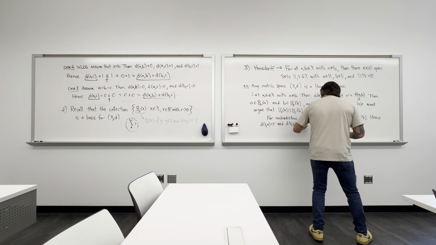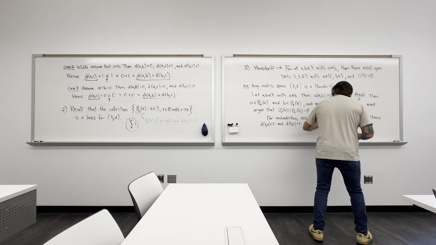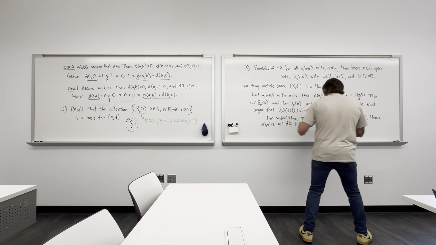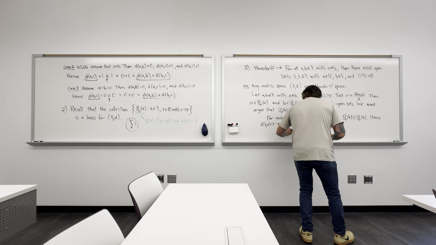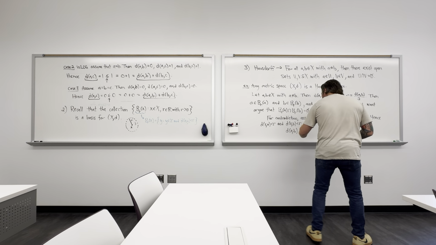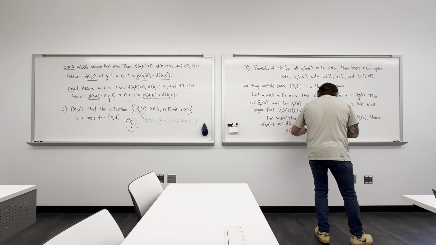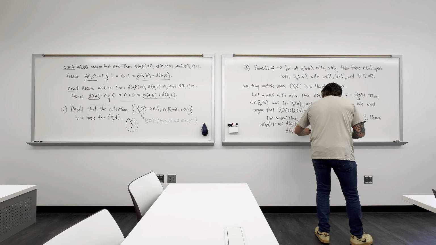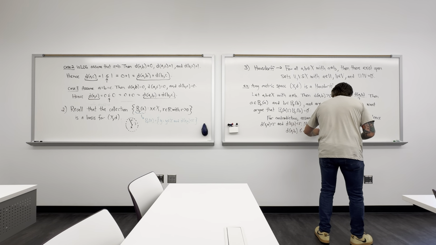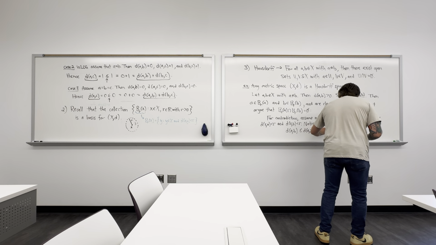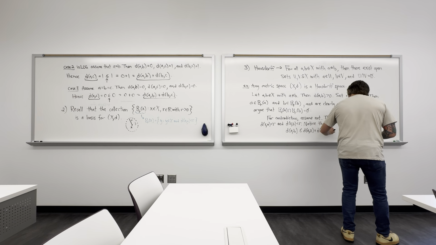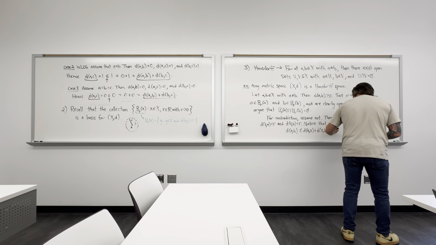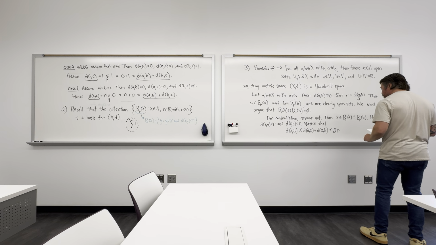But notice, by the triangle inequality, the distance between a and b is less than or equal to the distance between a and x plus the distance between x and b. But this is less than r plus r, which is 2r.